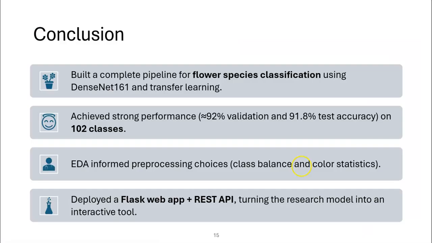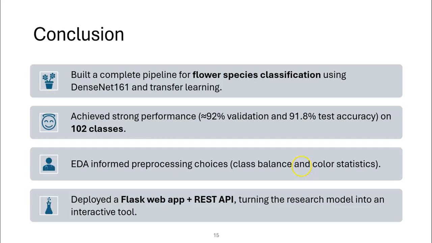Going to our conclusion, to summarize, we built a complete pipeline for flower species classification using DenseNet-161 and transfer learning on Oxford Flowers 102, which has 102 species in the dataset. Our model reaches about 92% validation accuracy and 91.8% test accuracy.